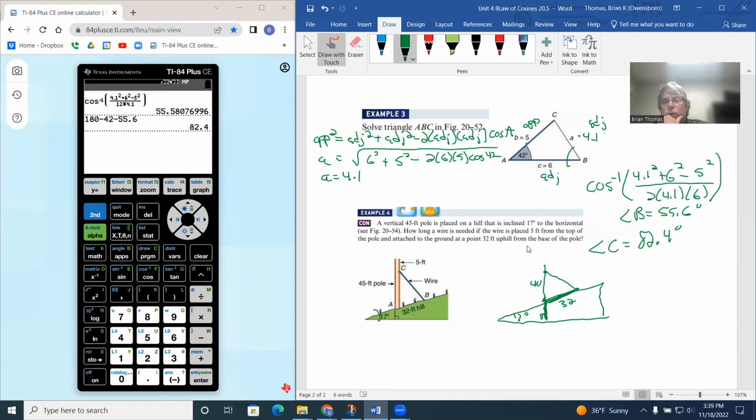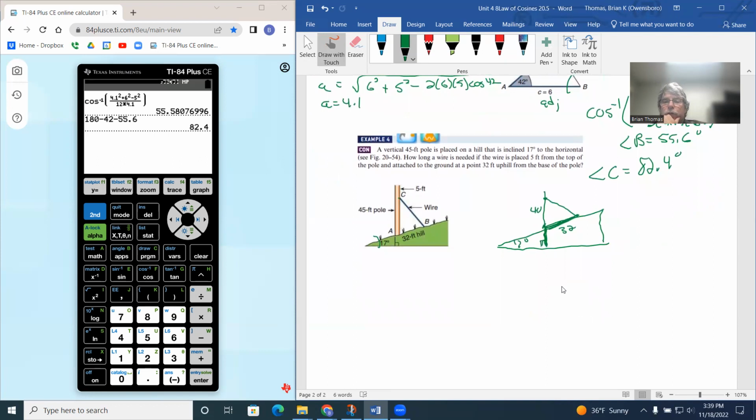So I can't draw very well with this pen. So let me try to draw that a little bit bigger. That's just too small for me. So we got this hill going up through here. Got this pole, and you got this wire going across here.